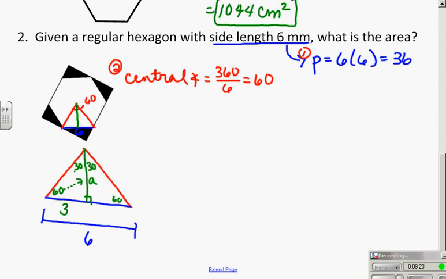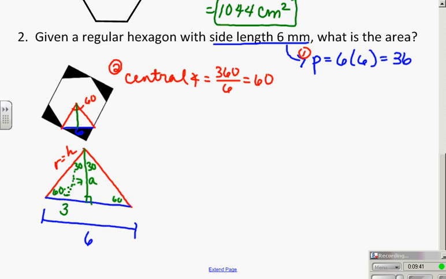I need the apothem, which happens to be the long side of a 30, 60, 90, but I also know the short side of this 30, 60, 90. I don't need the hypotenuse. It's not a part of my calculations.